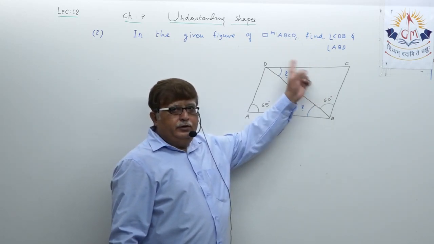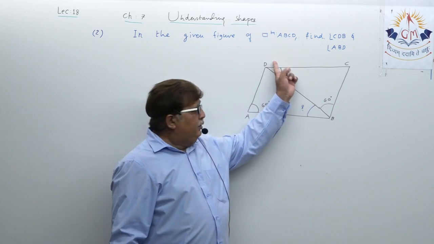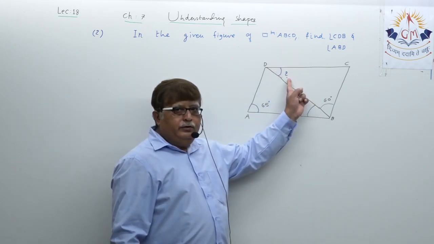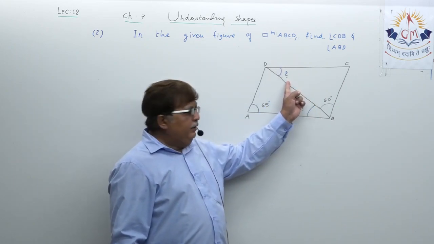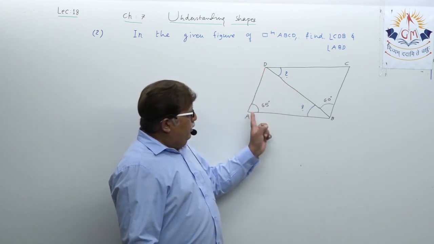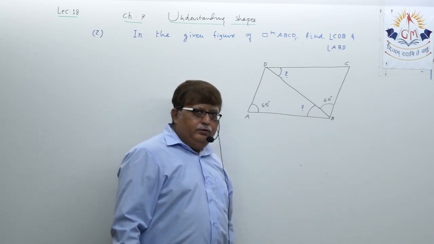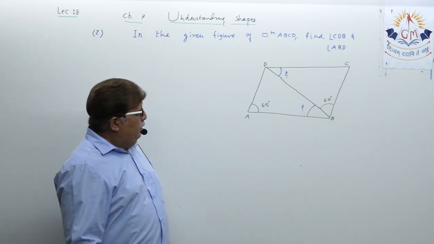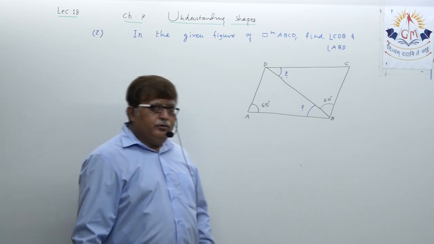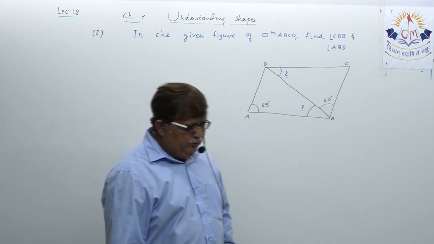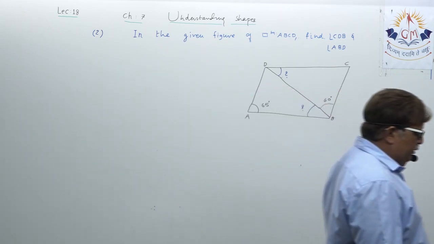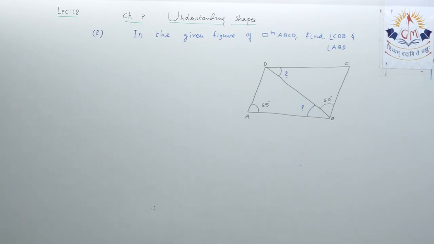Angle CDB. This is your target. Angle ABD. This is also your target. You are looking for two angles. Understood? Just try this out if you can.